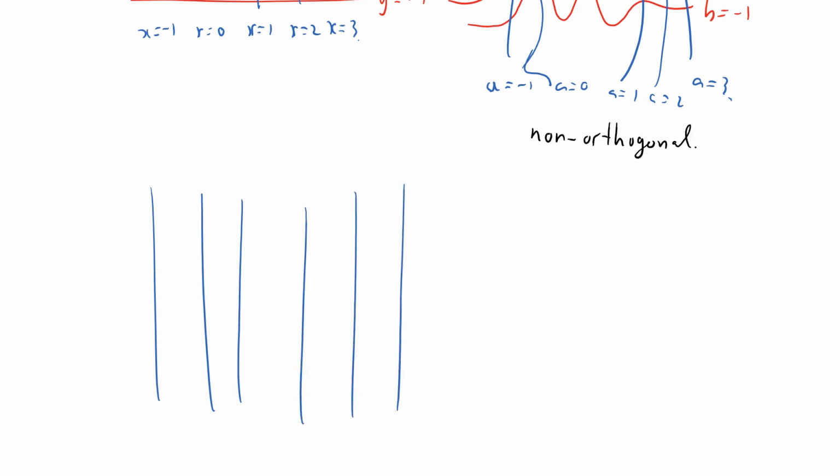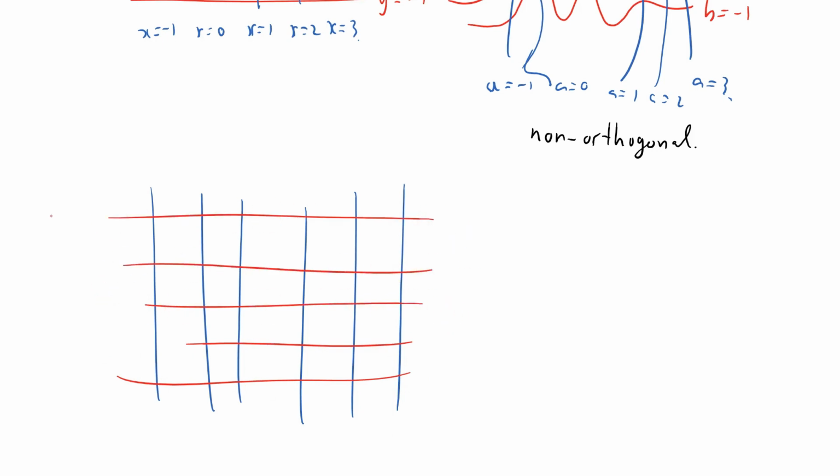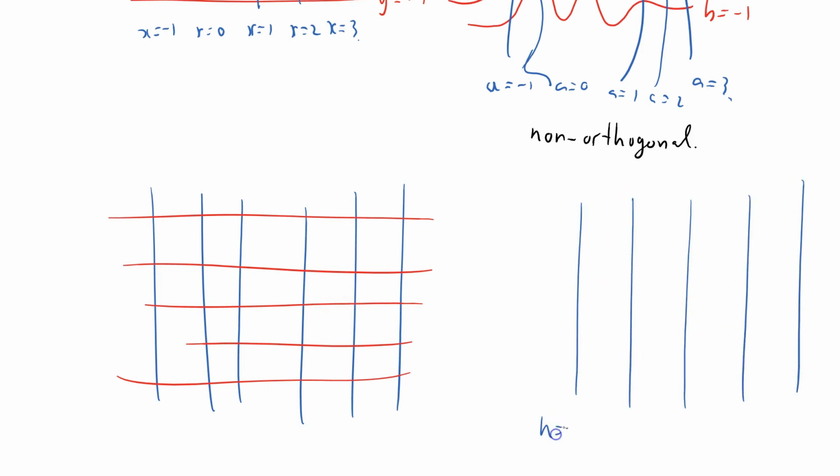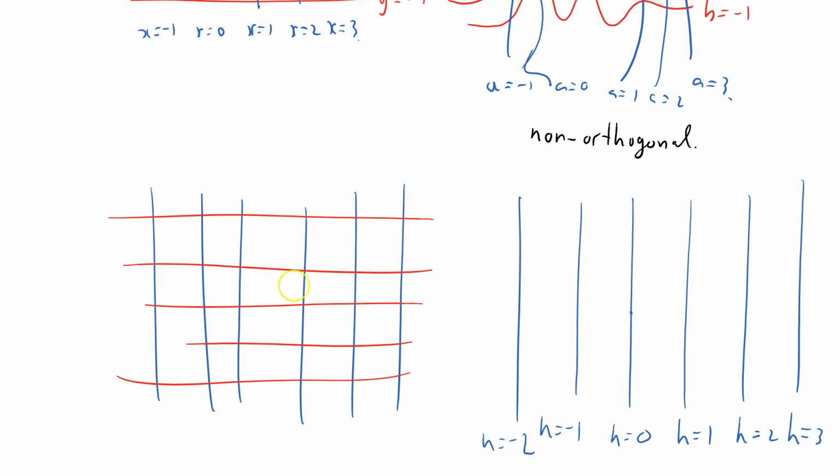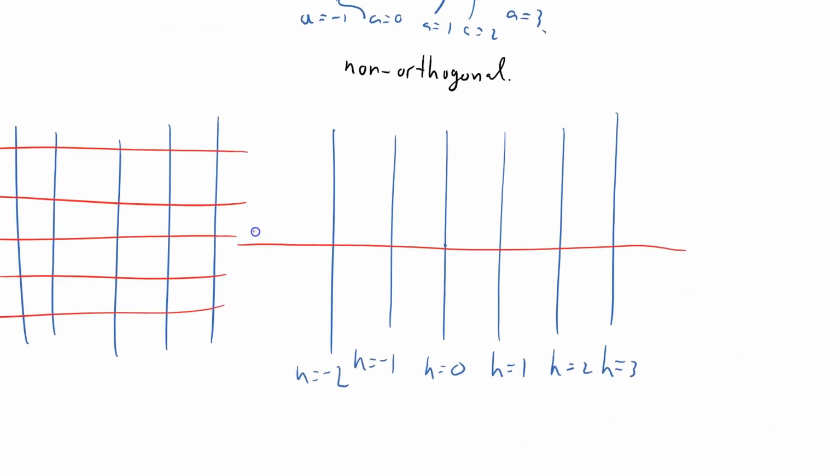draw it out. We've got x's and y's here, of course. But instead of x's and y's, I'm going to draw what I call h equals -1, h equals 0, h equals 1, h equals 2, h equals 3, h equals -2. And then the equivalent of the red lines is actually going to be indexed by the angle it makes with the origin.